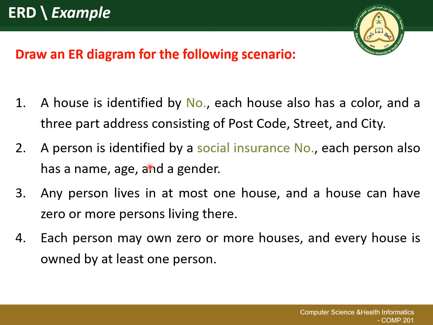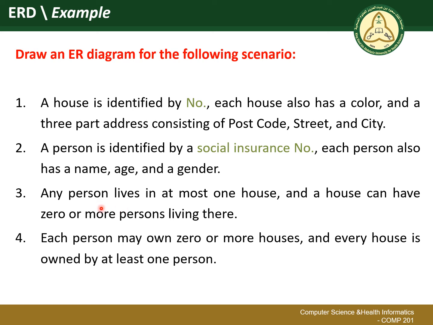And the properties of the entities will be the attributes. So we have the social insurance number, the name, the age, the gender. And for the house, we have the number of the house, the color, and the address, which is a composite attribute. And then we have the relationship between the two entities.